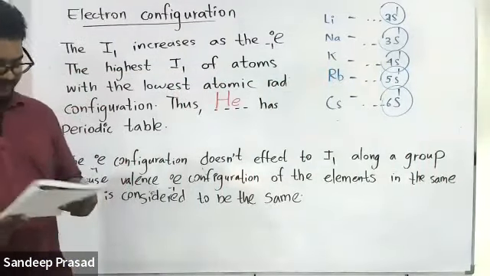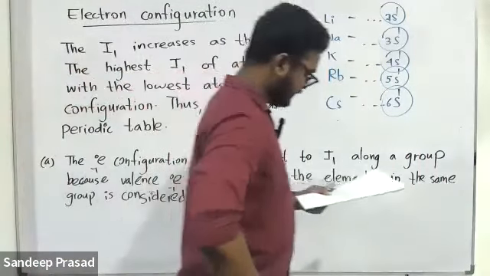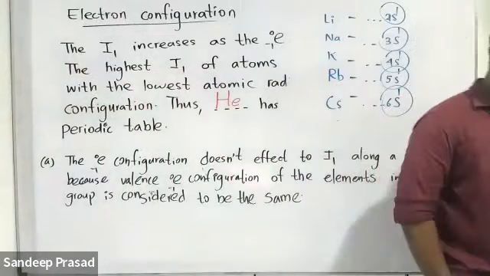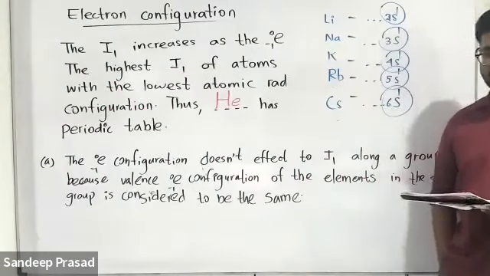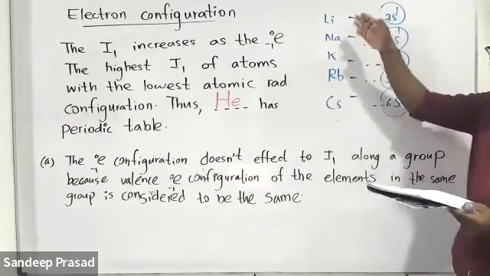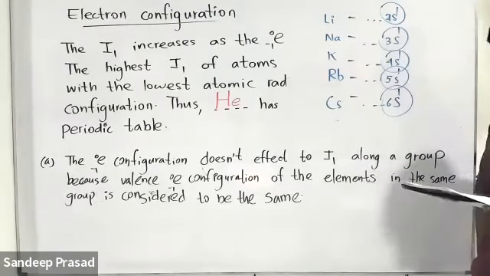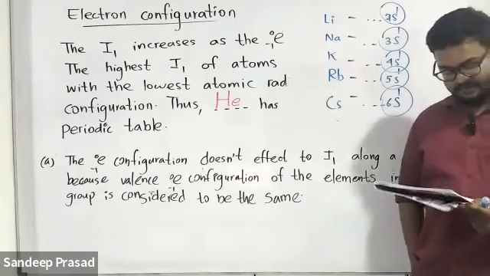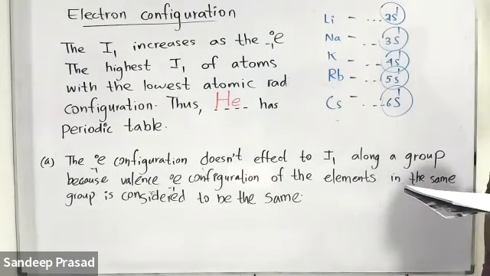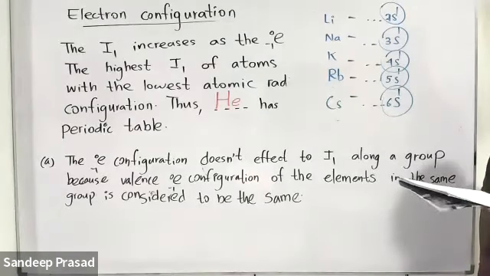Okay. Now they have given, as the atomic radius increases as a group descends, the first ionization energy decreases. I told you that down the group ionization energy decreases. That's what is meant by this statement. Now simple B, they have given variation of the first ionization energy along a period.